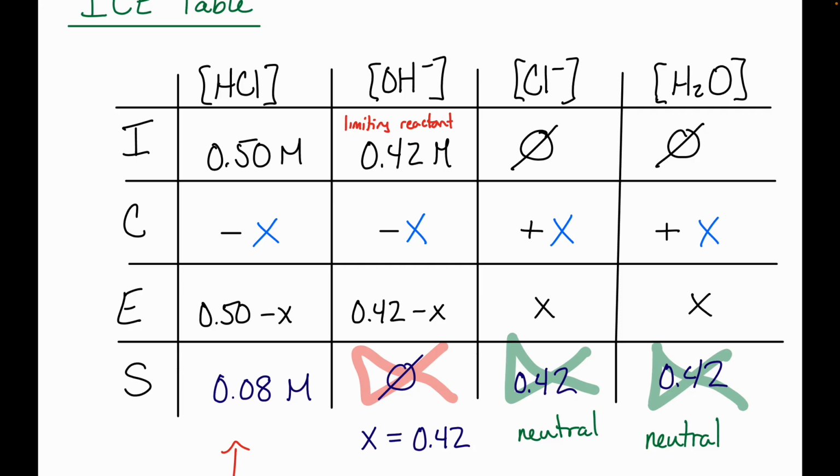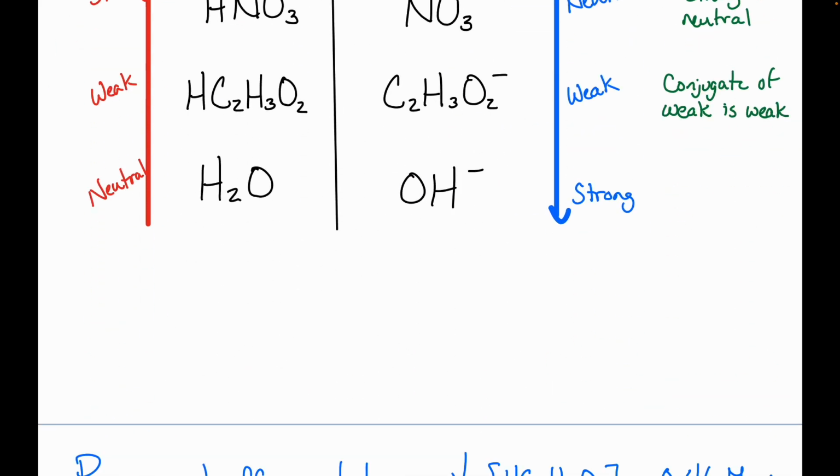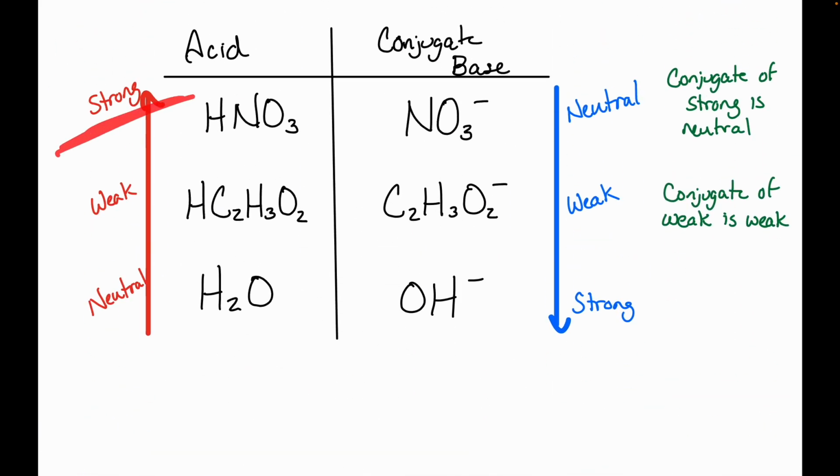All right, remember we talked about this inverse relationship between acid strength and the strength of its conjugate base. The conjugate of something strong is always neutral, but the conjugate of a weak acid is itself a weak base. Right? So no, we cannot ignore the presence of that weak base in our solution.